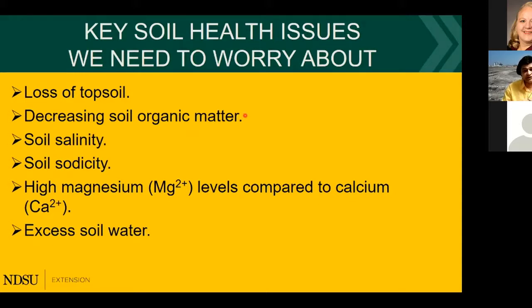Then decreasing soil organic matter levels, soil salinity, sodicity, high magnesium levels compared to calcium. To some people, this is a concern. To some, this is not. But in my view, we should think more about it and then find ways to overcome that because it causes swelling of the soils that slows down soil water infiltration and then excess soil water.